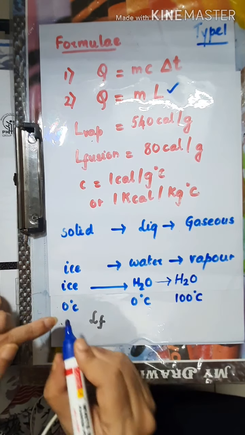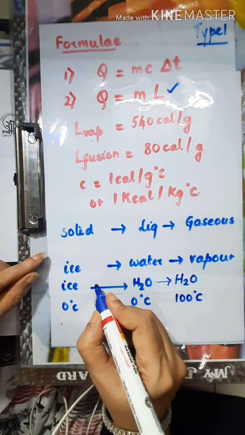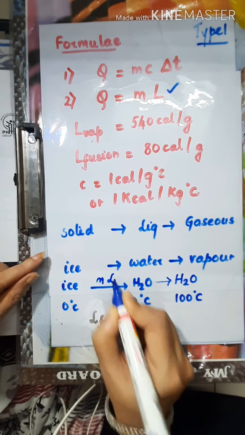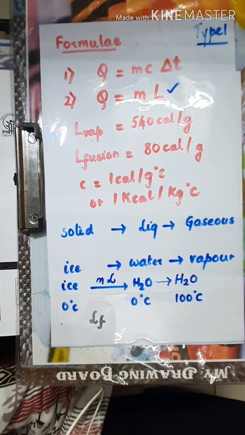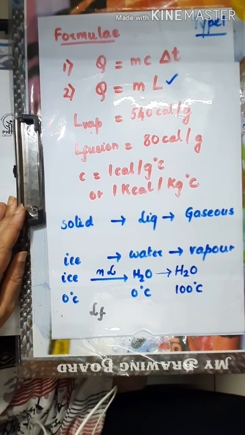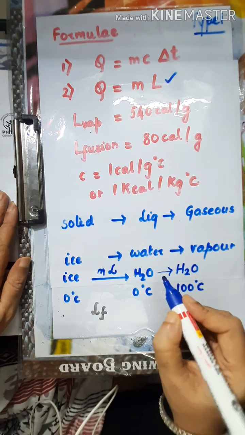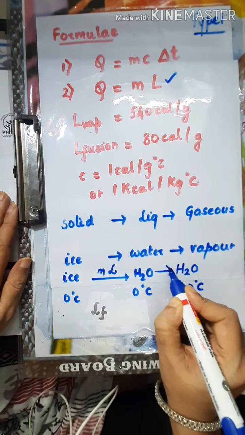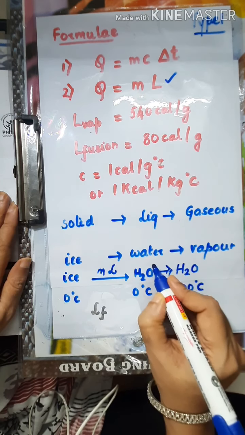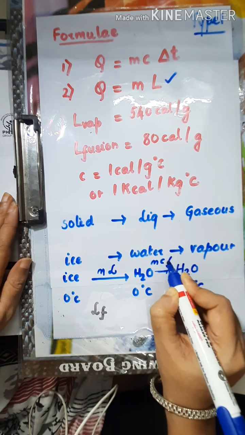So my heat energy supplied to change the state is M multiplied by L, that is mass of the substance multiplied by the latent heat of fusion, because I am converting ice to water. Now when I convert water at 0 degrees to water at 100 degrees, I have to use the formula MC delta T.